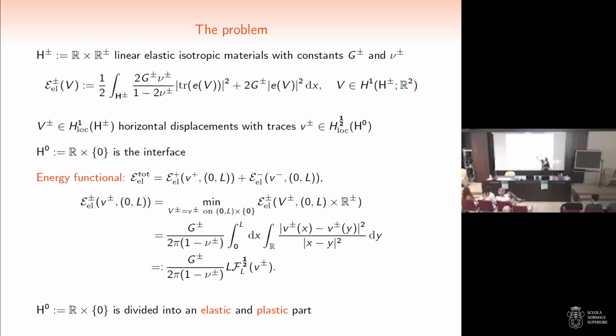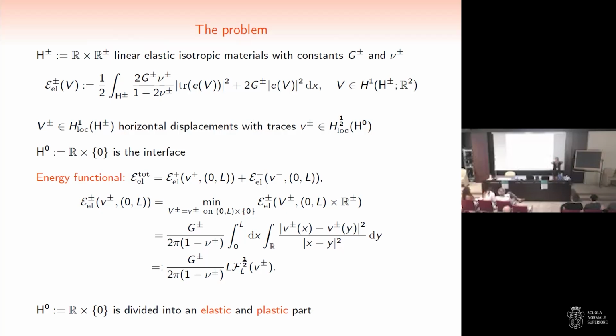So given a certain displacement, capital V, the energy depends on the symmetric part of the gradient, that is EV, and on the material constants, the shear modulus G and the Poisson ratio nu. Okay, so this is the energy of a displacement in R2.